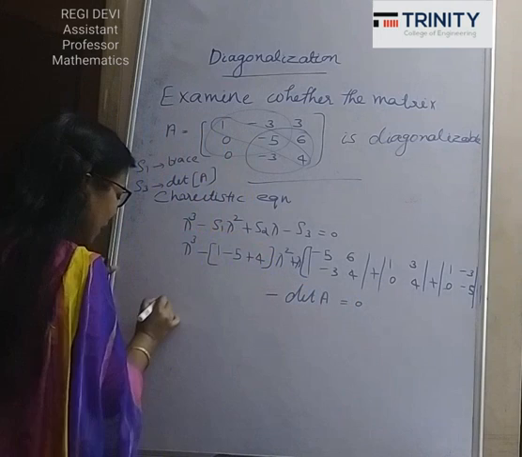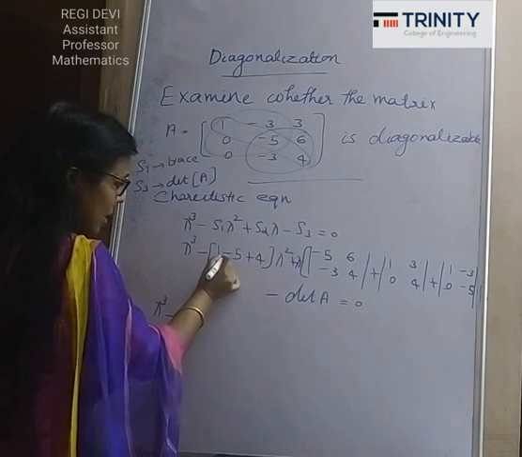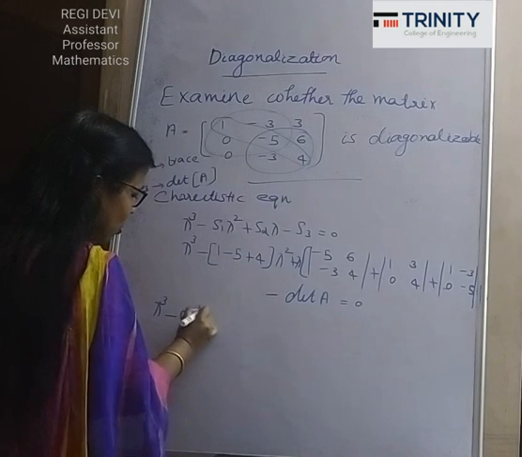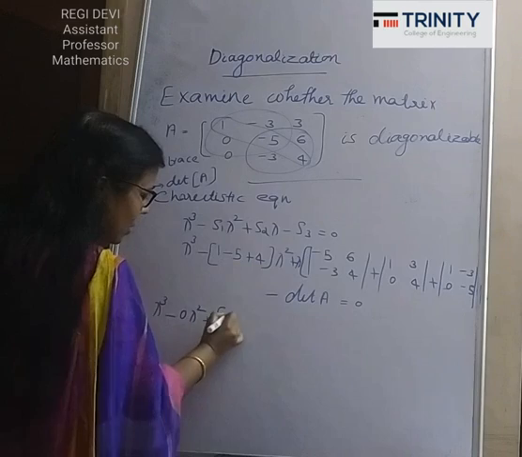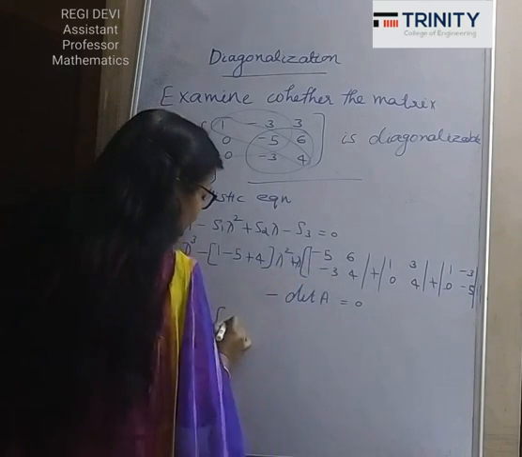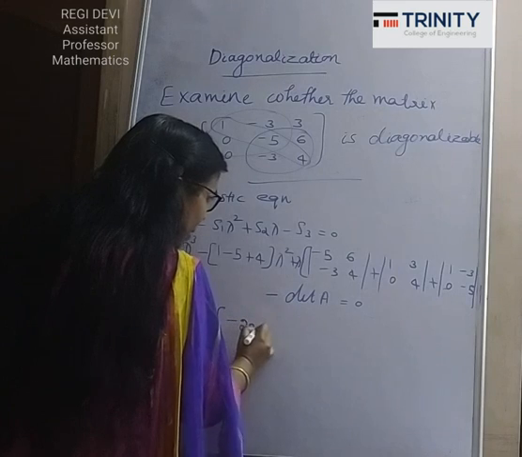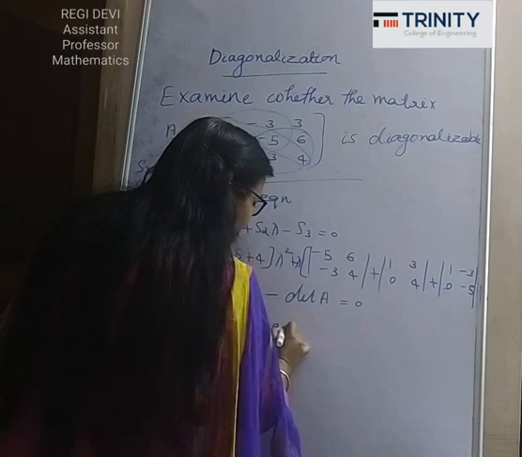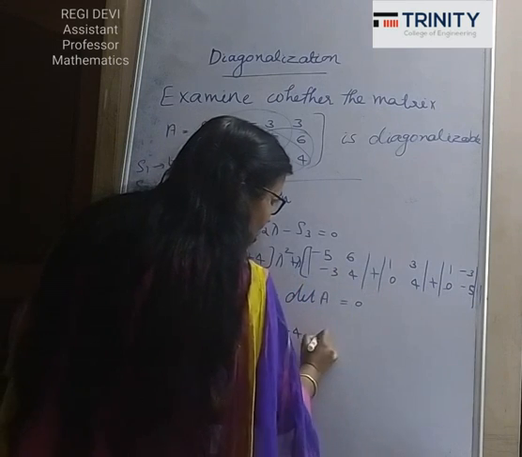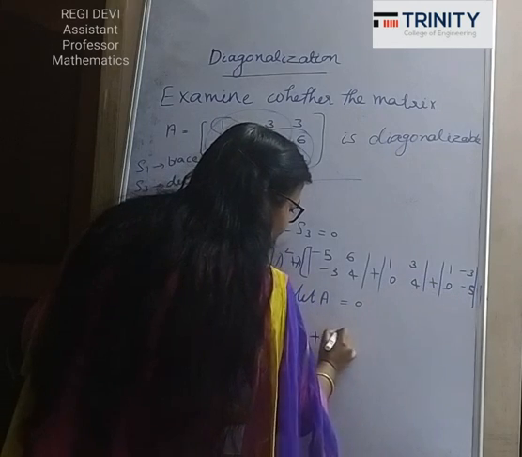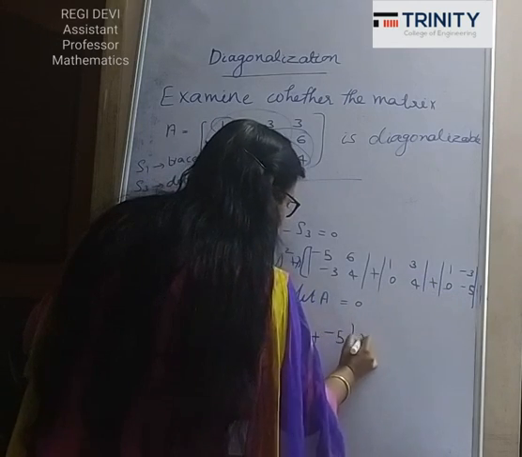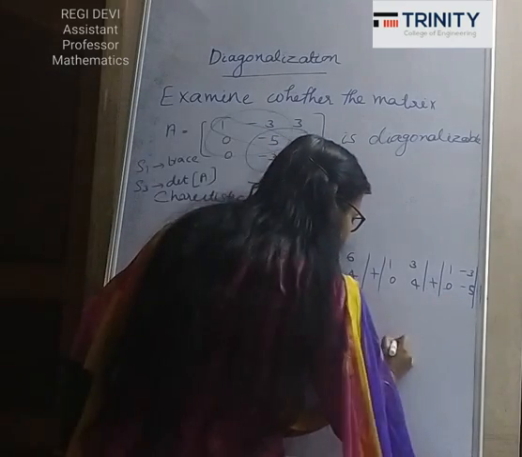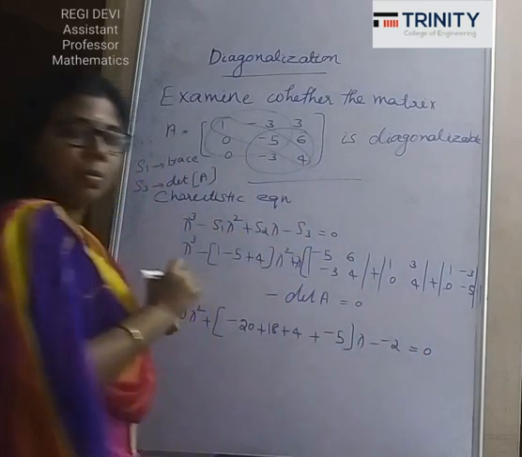That is lambda cube minus, this is minus 4 plus 4, 0, lambda square plus, this is minus 20 plus 80 plus 4 minus 0 plus minus 5 minus 0, into lambda, minus the determinant of A, which is minus 2, equal to 0.